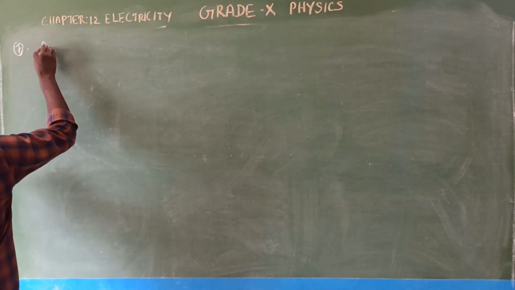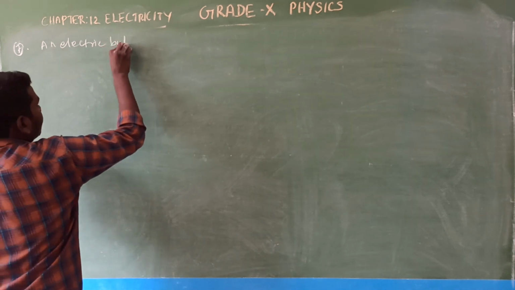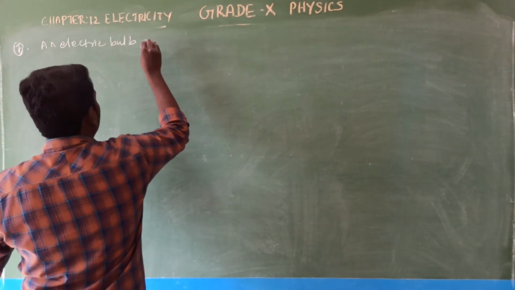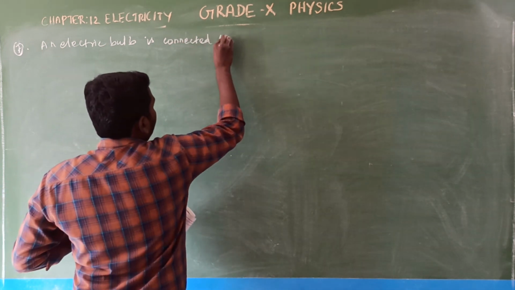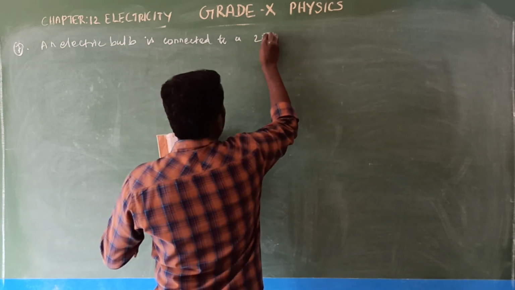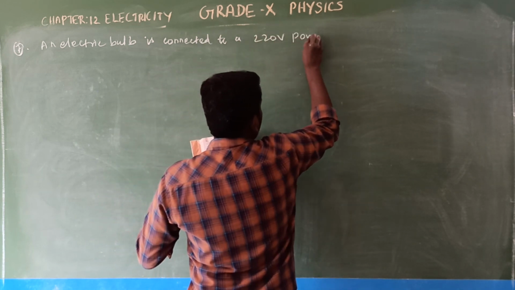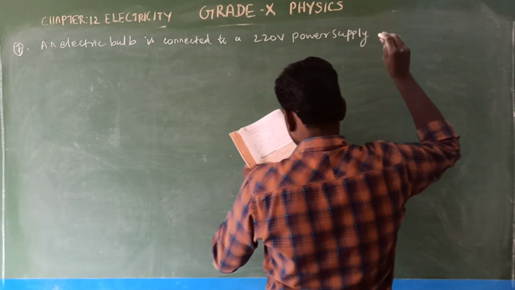An electric bulb is connected to a 220 volt power supply line.